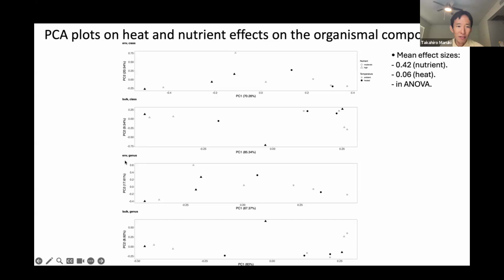The same pattern was observed in our analysis at the genus level. Here, in environmental samples, our samples were separated by nutrient condition, but not by temperature condition. In bulk samples, we do not have separation of our samples by either temperature or nutrient condition.